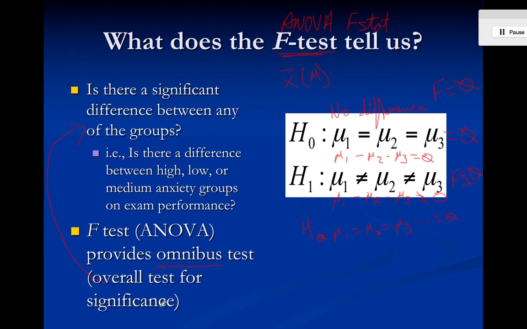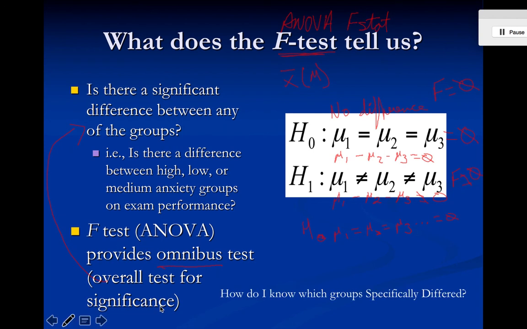The ANOVA test is not going to tell you which groups specifically differ, if they differ at all. All that the ANOVA test is going to tell you is whether there is a difference between the groups or no difference between the groups. Which groups? I don't know. But here I'm telling you there is a difference between the groups or no difference. That's all that it's going to tell you.